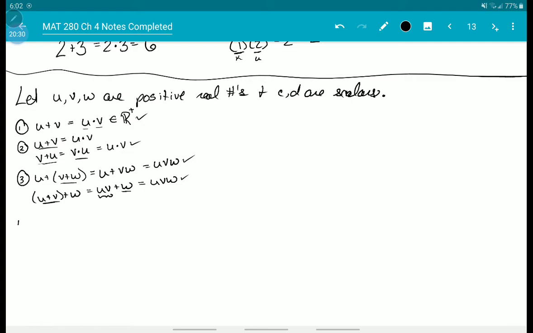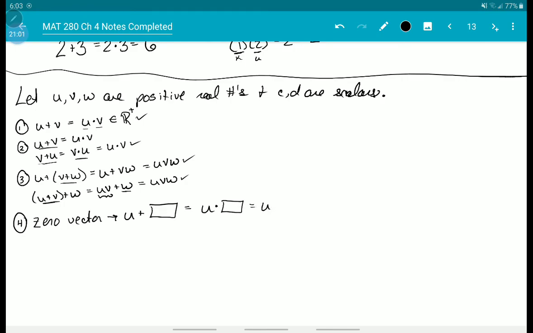That holds. Let's look at 4. Let's talk about the 0 vector. So remember what the 0 vector says. It says we're going to take a number, we're going to add something to it, and the goal is to be able to get that number back. Under this world, we're talking about multiplication.